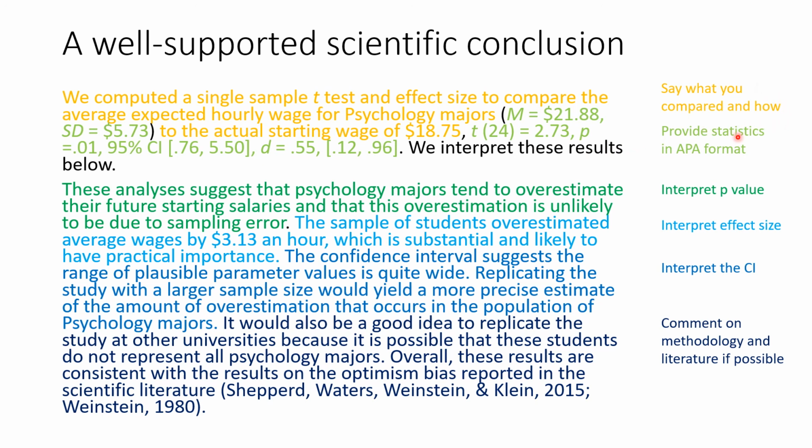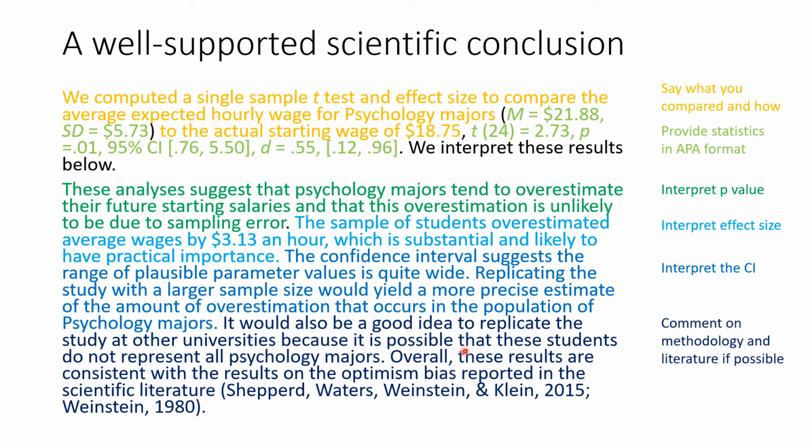You need to report the statistics, I should say, not statistical parameters, that doesn't make sense. You need to report the statistics in APA format. You need to interpret the p-value, interpret the effect size, interpret the confidence interval, and then you need to comment on the methodology and the literature to the extent that you are able to do so.